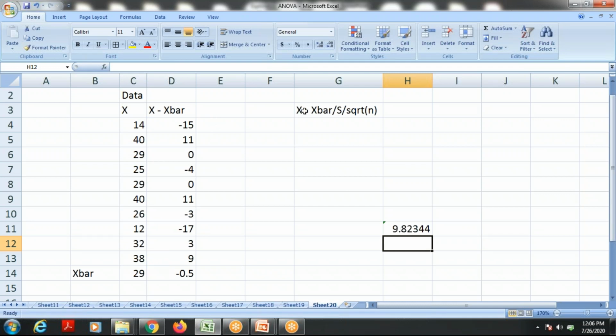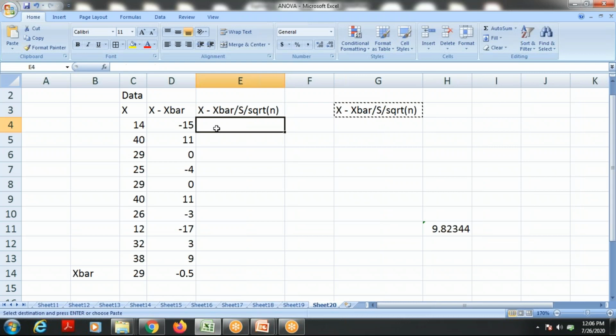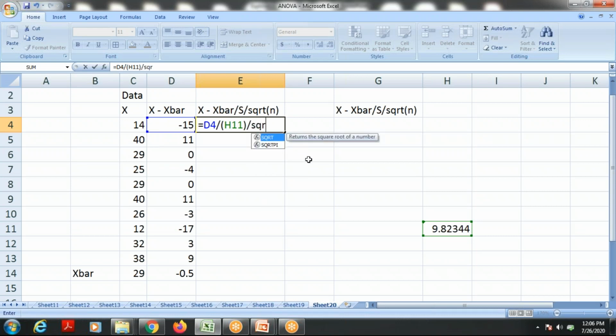Then we are calculating this value here, which is equal to this much divided by this one, divided by SQRT, square root of how many records there are. Can you count? 1, 2, 3, 4, 5, 6, 7, 8, 9, 10. Square root of 10. Got it? Then I want to put that into the square bracket.